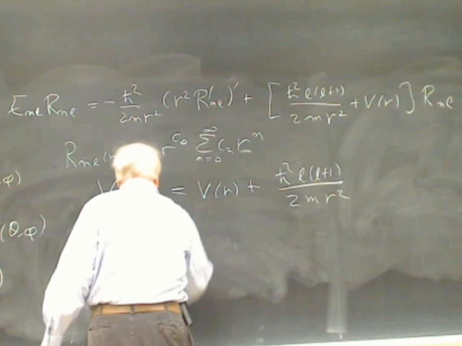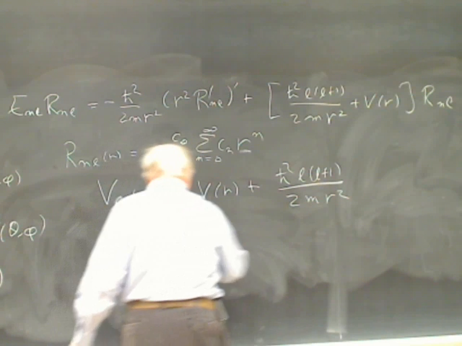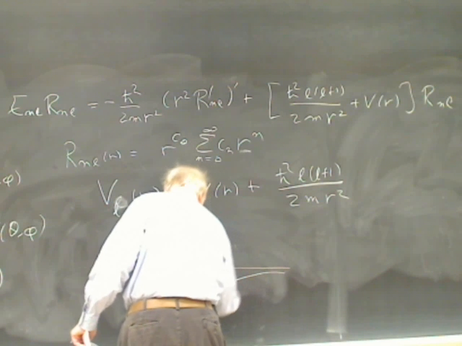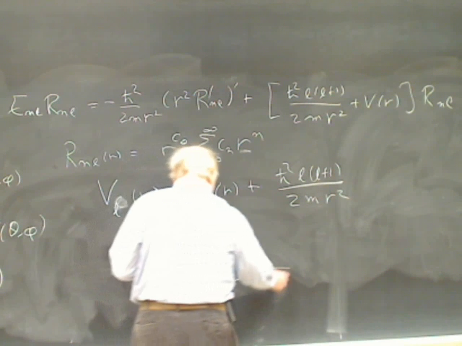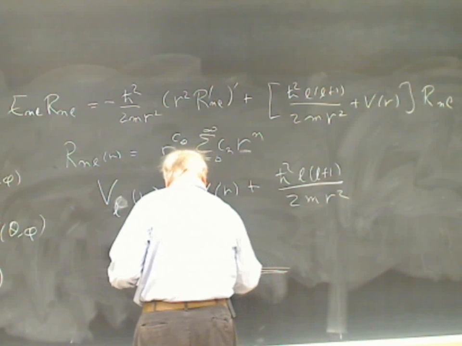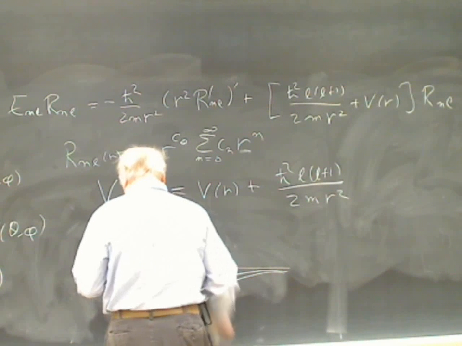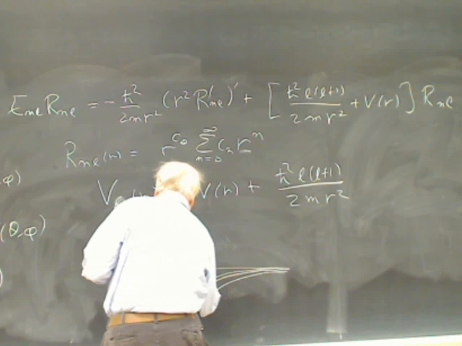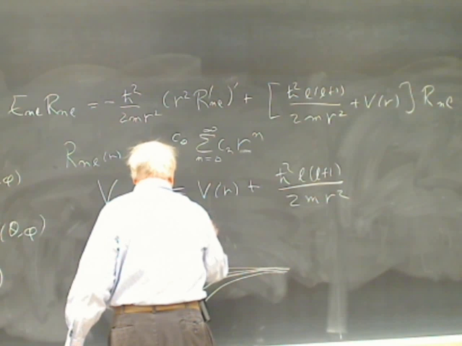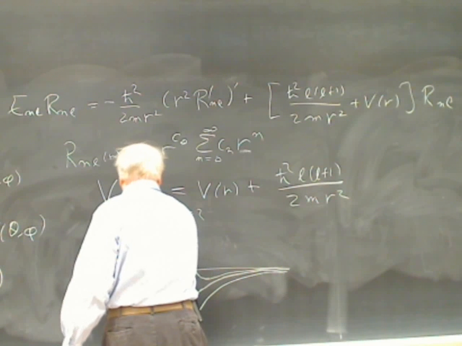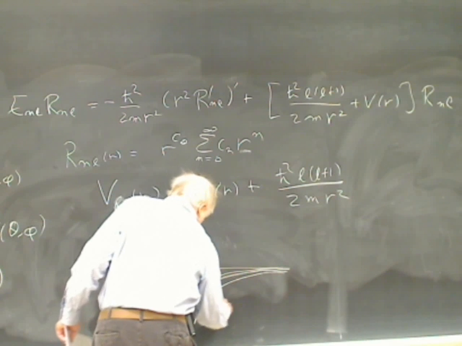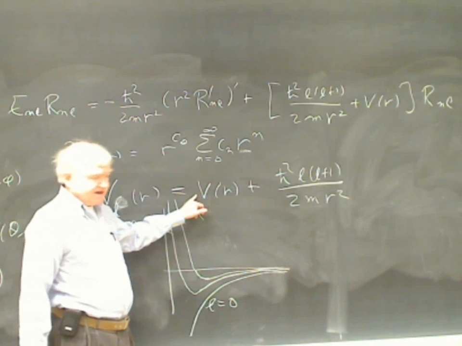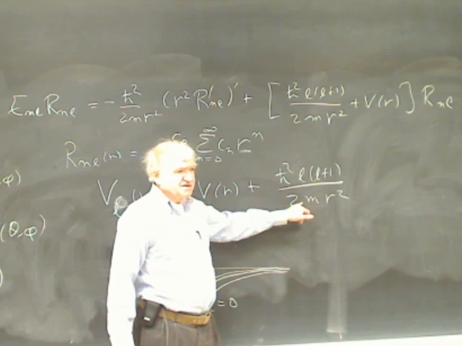And so this thing looks like this. If you have l equals 0 and V is an attractive potential, then the thing looks like this. But then l equals 1 does something like that, and l equals 2 does something like that. So that's l equals 2, this one is l equals 1, and this one is l equals 0. And unless the potential is really crazy, this term, as r goes to 0, is dominant.